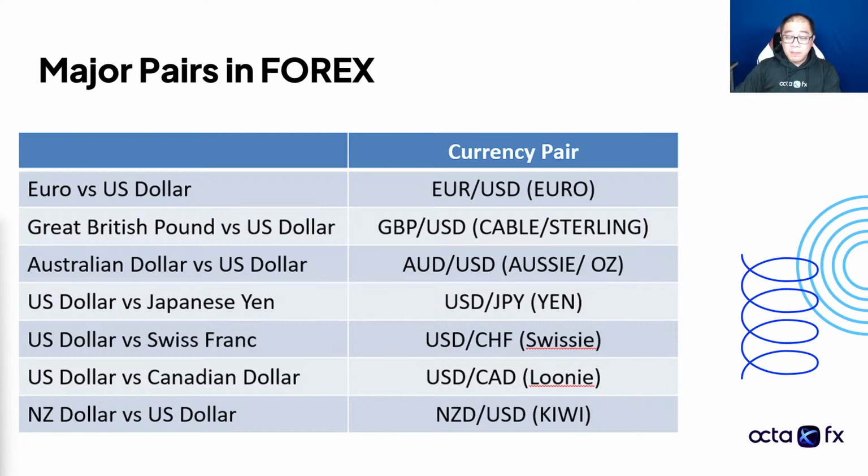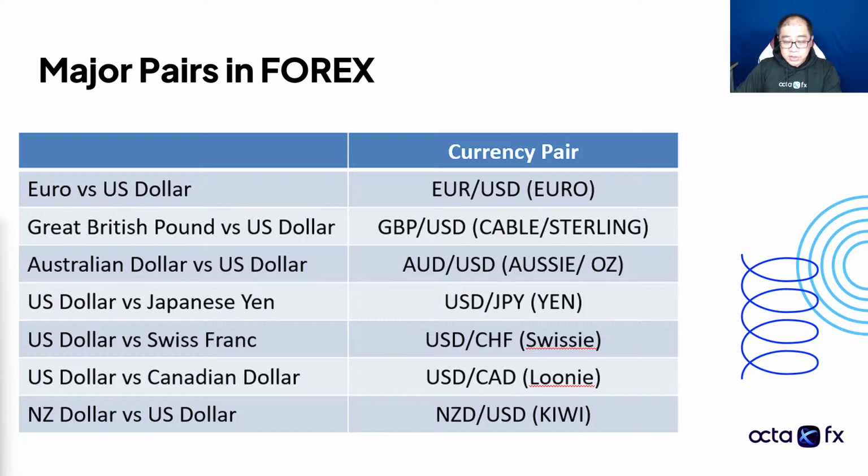So these are the major pairs in Forex. First we've got the euro dollar, euro versus US dollar, the euro USD. We've got the Great British Pound versus the US dollar, or pound USD, also called cable or sterling. Australian dollar versus the US dollar, Aussie USD or the Aussie.